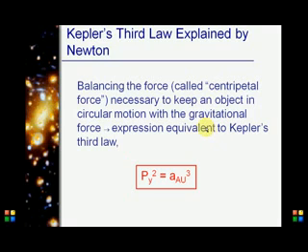Kepler's third law. It's the law that we just said, that at a certain distance there will be a certain velocity. So Kepler's law organizes the relation between two bodies revolving, like a planet revolving around the Sun, or a satellite revolving around the Earth. Balancing the force called centripetal force necessary to keep an object in circular motion with the gravitational force gives an expression equivalent to Kepler's third law.